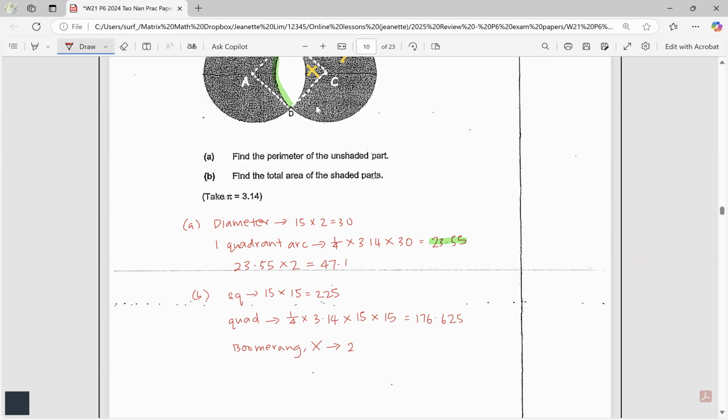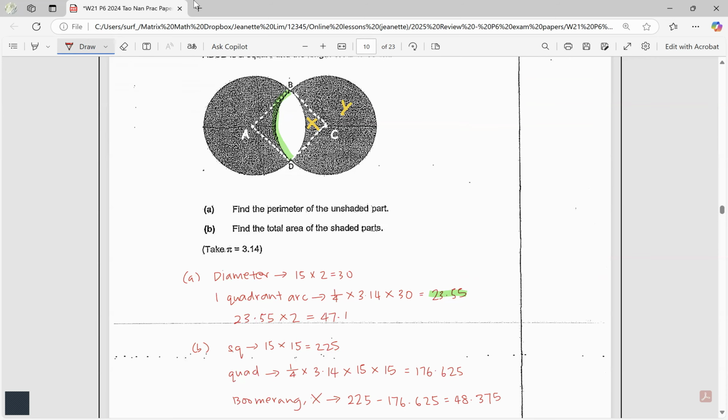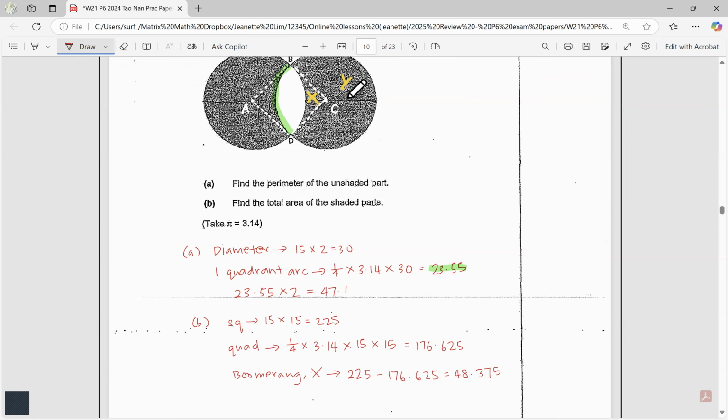So 225 minus 176.625 gives 48.375. Now I'll find Y and add it to X. Y is 3/4 of a full circle.